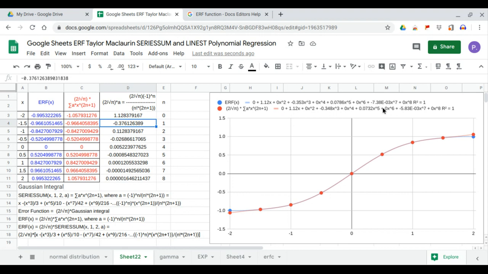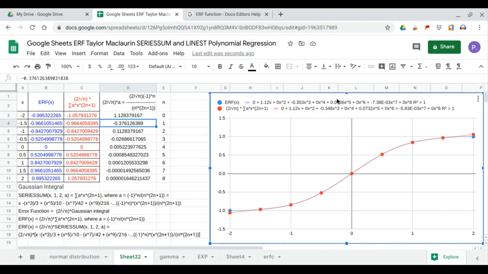B6, 0. And B7, negative 7.38. Now it's far off, negative 5.83. Negative 7.38 times 10 to the minus 3. This is negative 5.83 times 10 to the minus 7. So there's an error as the degrees, the exponent goes higher.